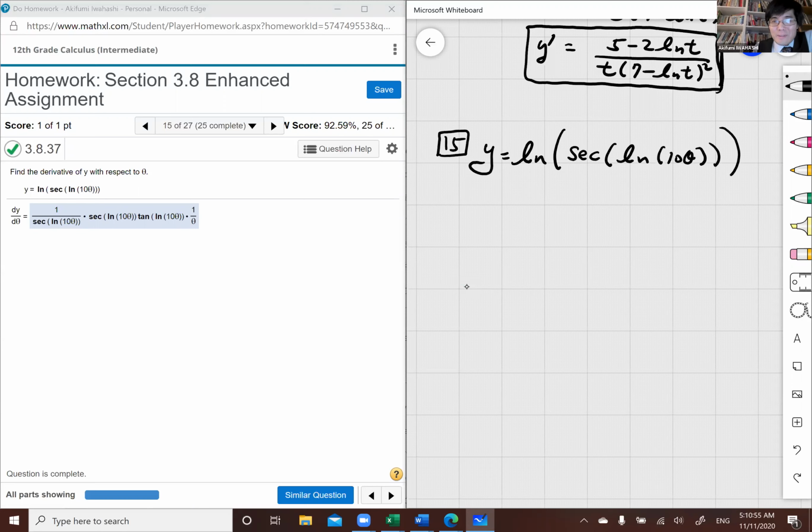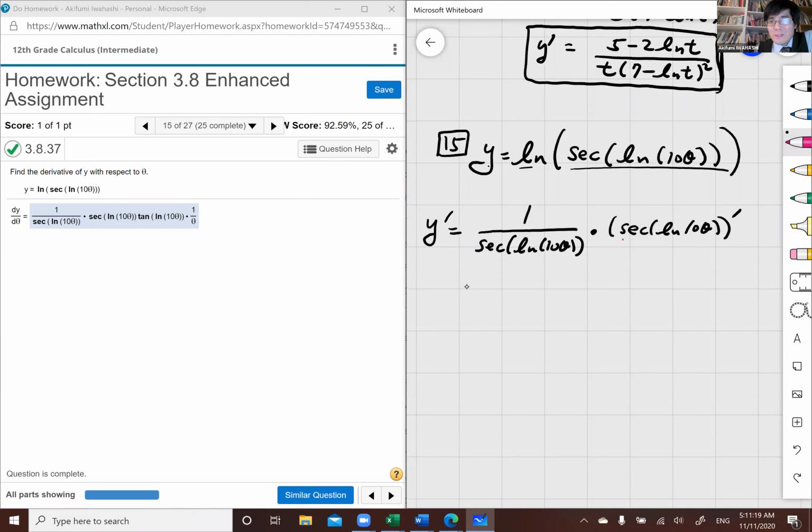So dy d theta is equal to the derivative of ln of something. So it's going to be 1 over something, just copy it, times the derivative of this inside, okay? So it's just like 1 over u times u dash.